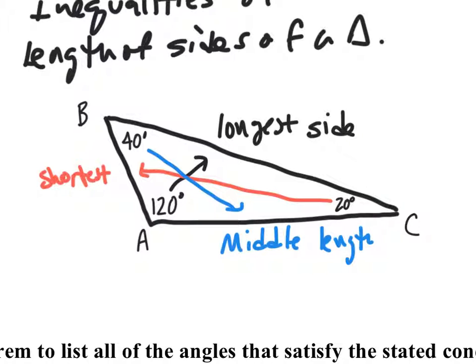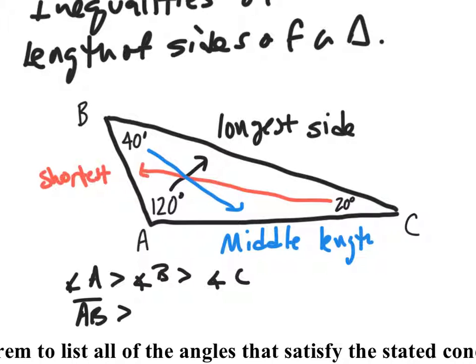So I know that if angle A is greater than angle B and is greater than angle C, let me put angle measures in here so we can differentiate between those, then I know that segment BC is going to be larger than segment AC, and that is going to be larger than segment AB. Sorry, let me erase this.